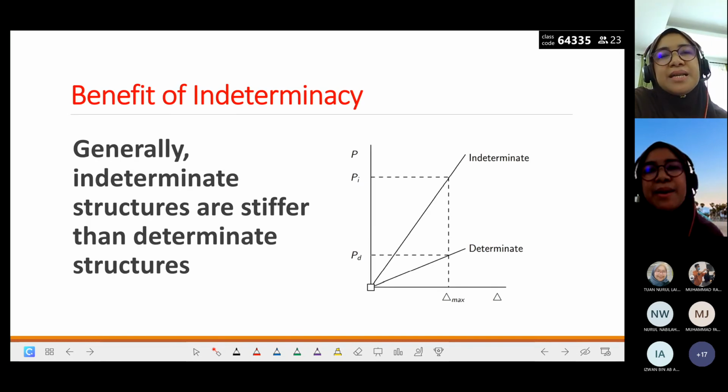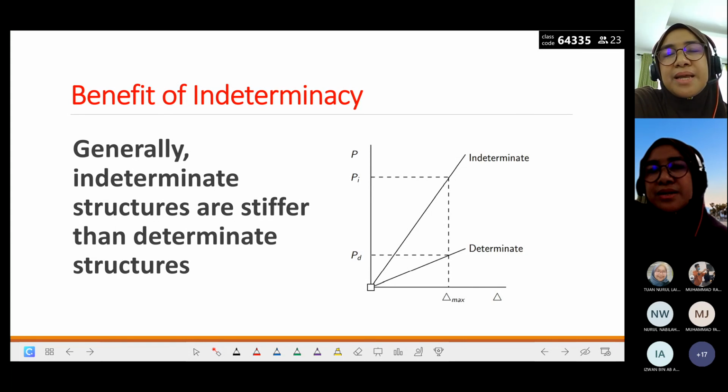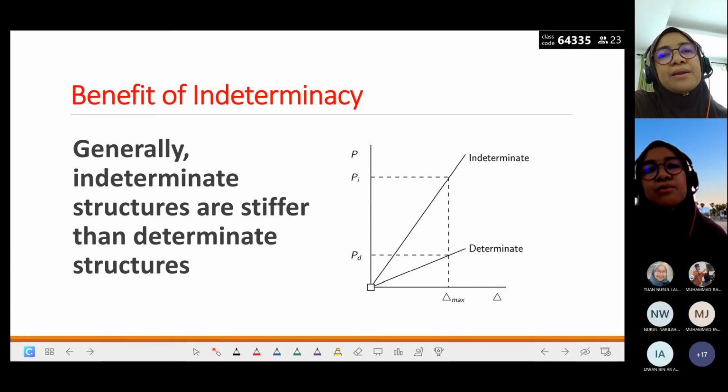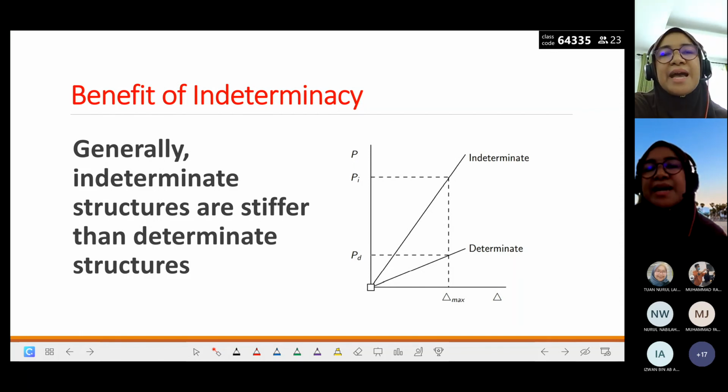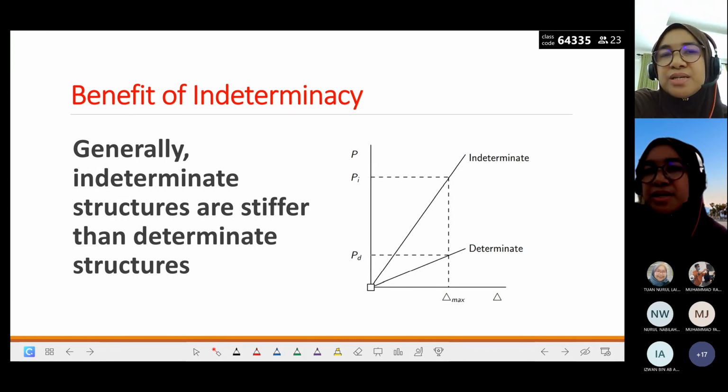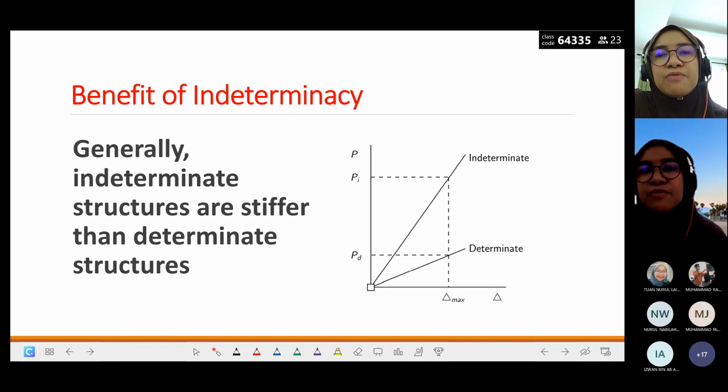What is actually the benefit of having an indeterminate structure? Number one, generally indeterminate structures are stiffer than determinate structures. So whenever we have a stiffer structure, we have less deformation. By looking at the graph, this is a force displacement graph.